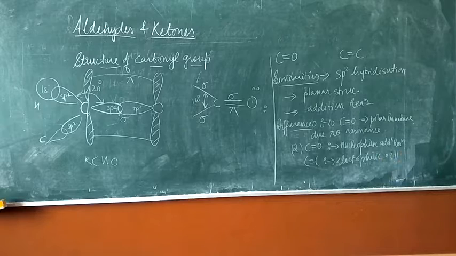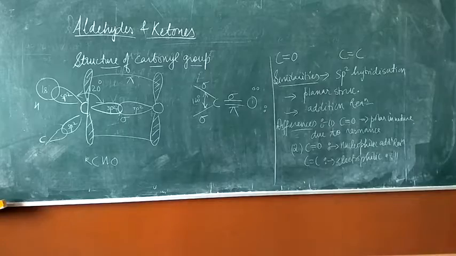So here we find that the alkene C double bond C will undergo electrophilic addition reaction, and C double bond O is going to show nucleophilic addition reaction. These are the main points of difference between the two.